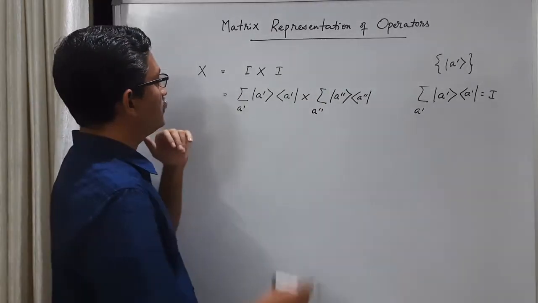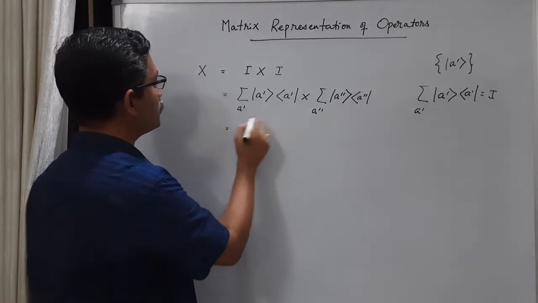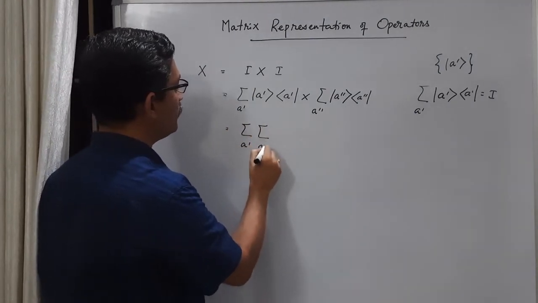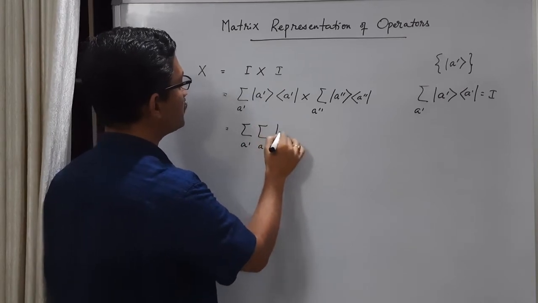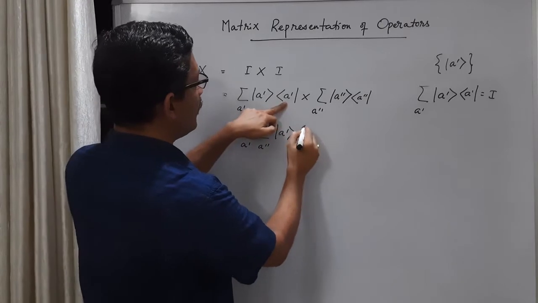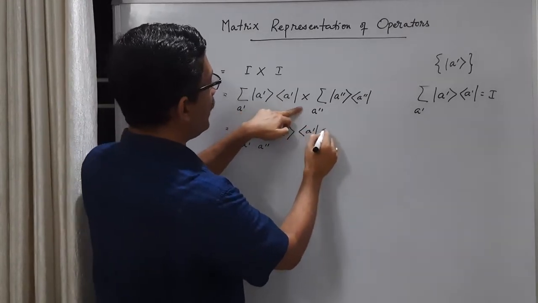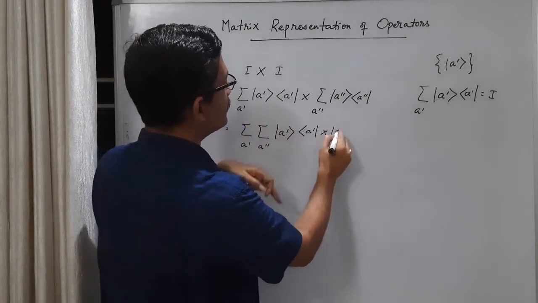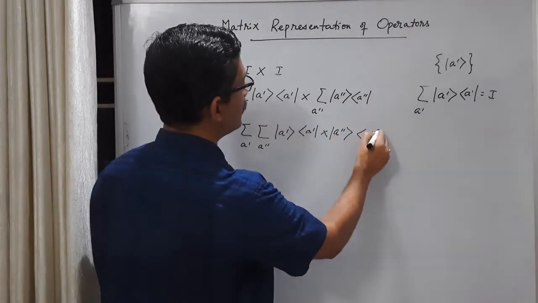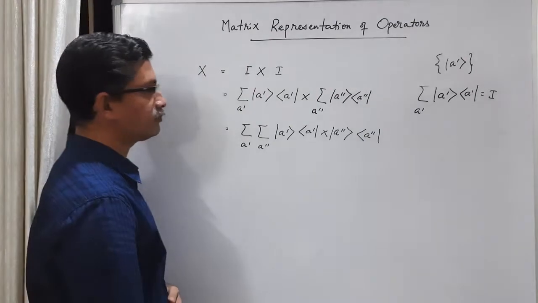Let me write the two summations together. Summation over A prime, summation over A double prime. Then we have ket A prime, bra vector A prime, then x, then ket A double prime, and finally bra vector A double prime.